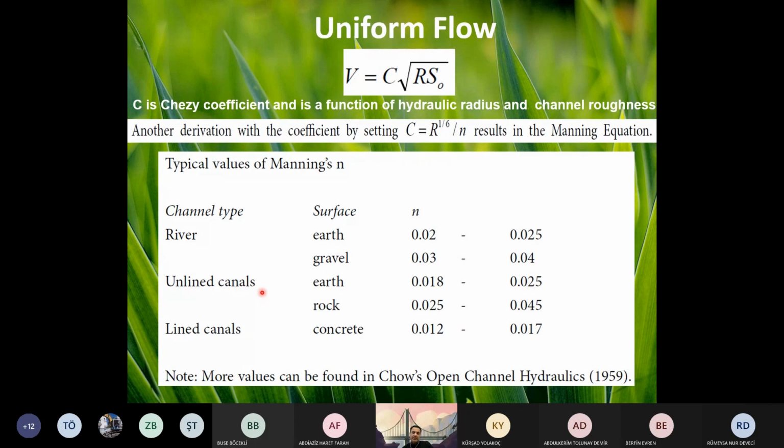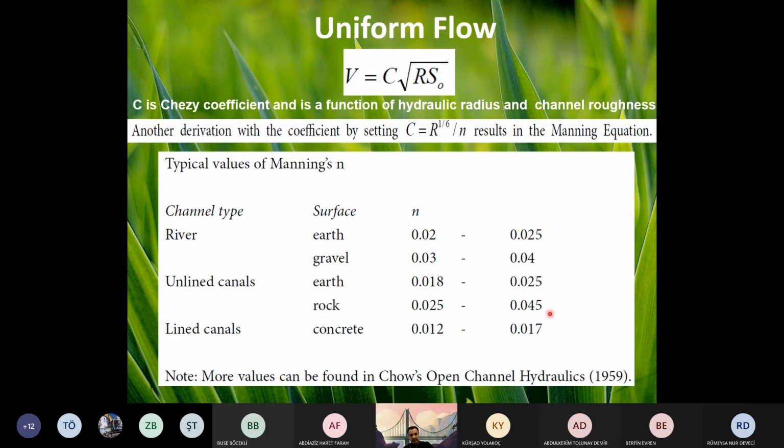For unlined canals, man-made channels, unlined means that you only dug it and left it. There is no lining like a concrete layer. When you line something, you make it less rough. For unlined canals, you see, n varies between two values.